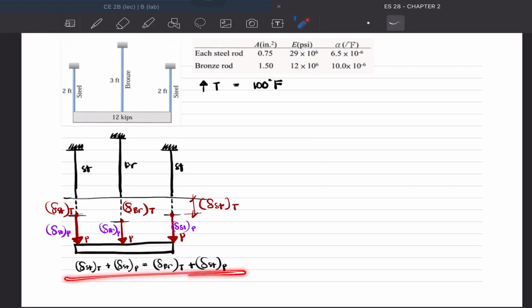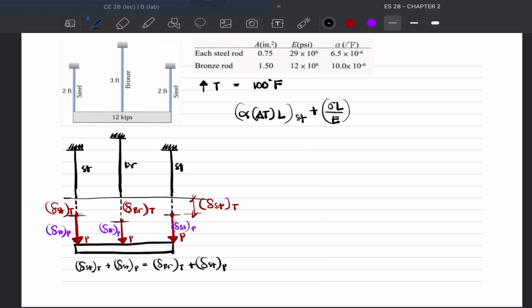Okay, from this equation, ato din siya tanawon kung sa mga formulas niya. Deformation due to the change in temperature is alpha delta T L kani siya for steel plus stress L over E for steel equals alpha delta T L for bronze plus stress L over E for bronze rod.